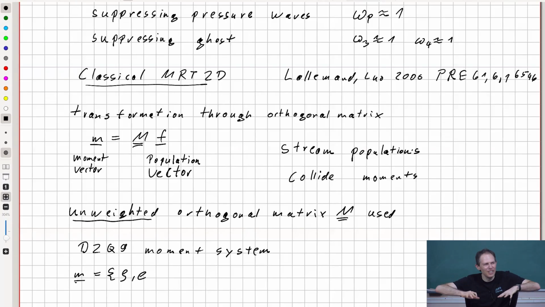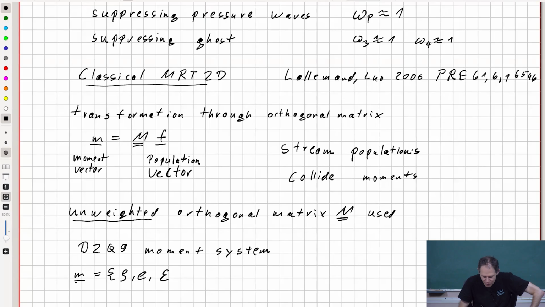They had a completely different idea. They thought about every moment in detail and said, this has to look like this, and this has this physical meaning, and this has to have this name. So the zero moment has the name rho, which is the same thing that we also have. Then they name one E, which is related to the energy, basically the pressure.